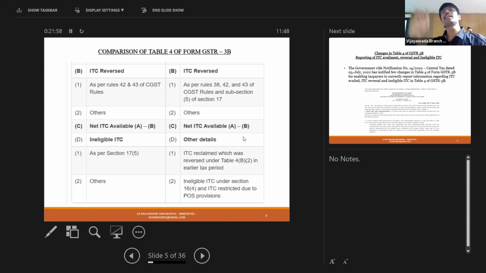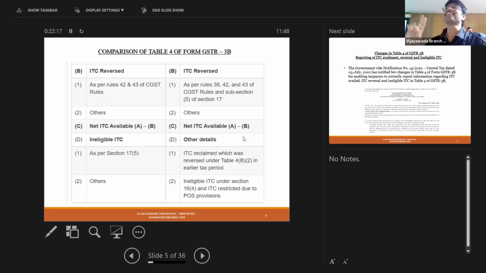With effect from 1st January 2021, what was the change? Was it reduced to 0 or 5%? From 1st January 2021 onwards, it was reduced to 5%. With 100 eligible credit, you can take 105.